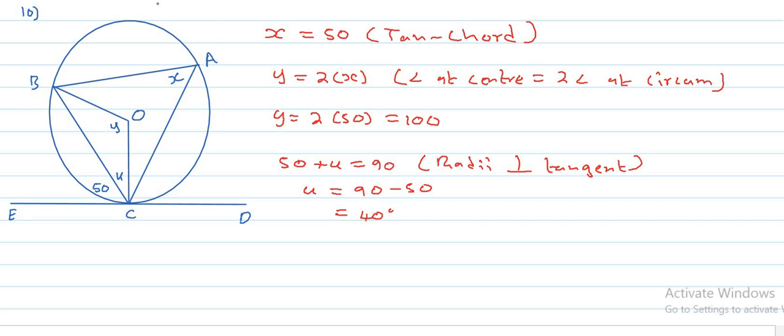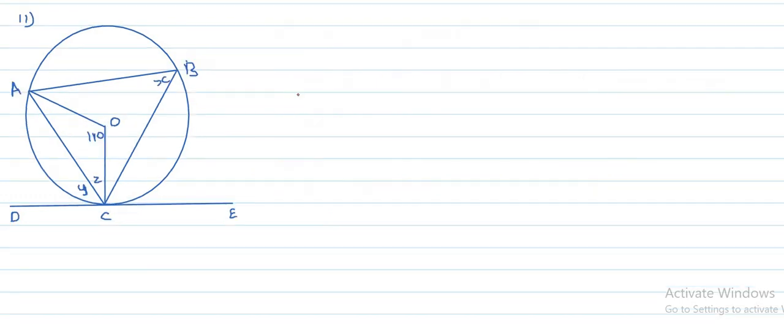Let's look at the next question, which is question 11. We are given the circle with center O and points A, B, C on the circumference and tangent DCE.